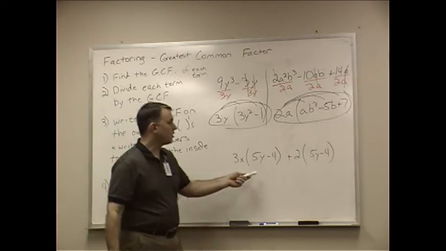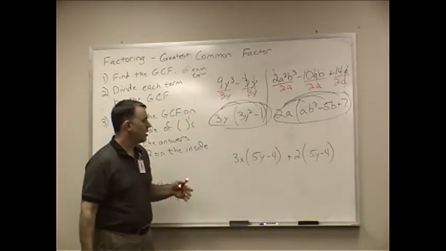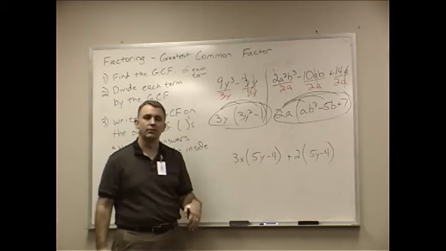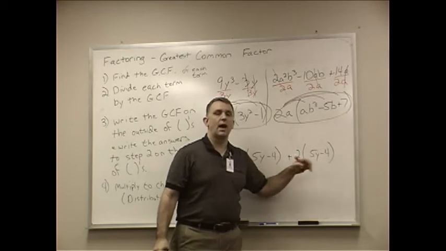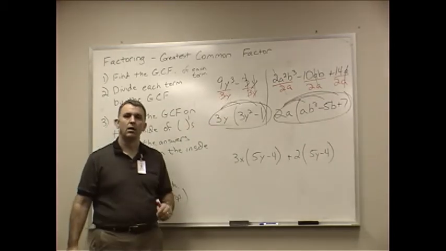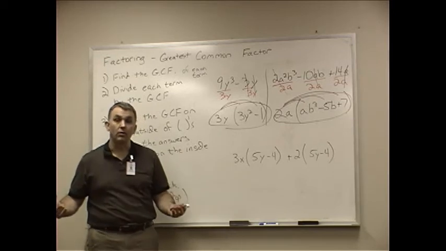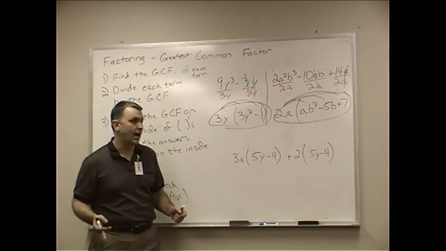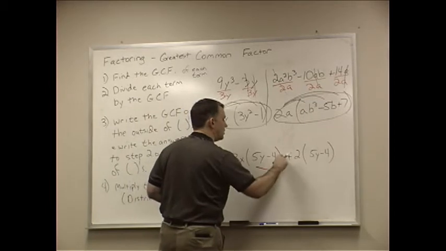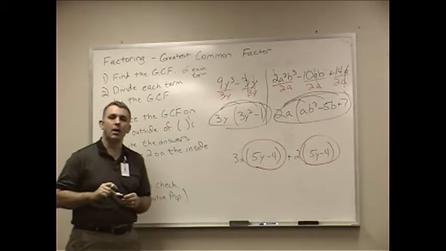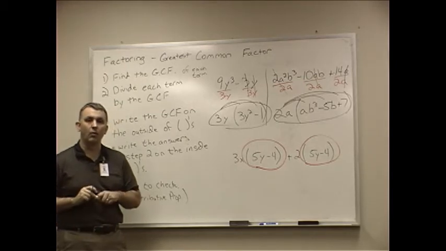All right, the last one looks a little weird. You might say, well, wait a minute. I've got a 3x times 5y minus 4, and I've got a 2 times 5y minus 4. Now keep in mind, we're looking for common factors, common things that are multiplied. Ladies and gentlemen, both of these terms are being multiplied by 5y minus 4.